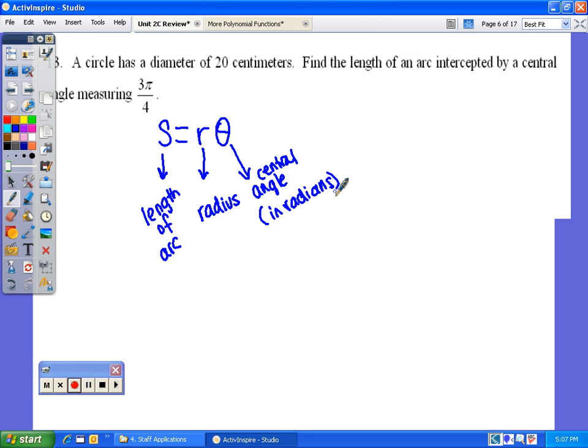In this case, it gives us a diameter of 20 meters. Most of you knew to cut that in half, making my radius equal to 10 centimeters, and that's going to go right here. Then it says find the length. So since you're finding the length, we're looking for S, intercepted by a central angle.